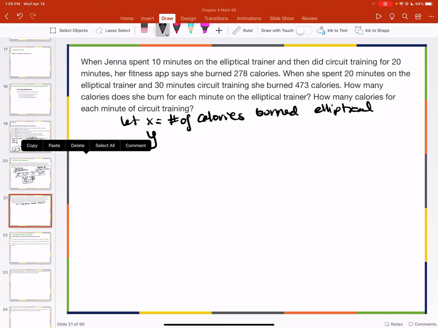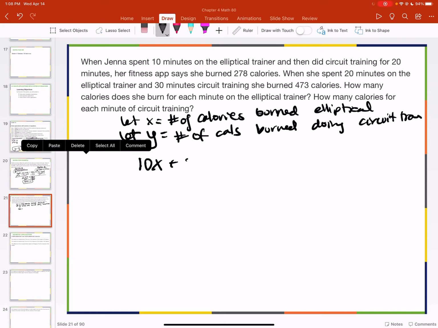And then y, we'll let y equal number of calories burned per minute doing circuit training. Okay, so 10x plus 20y will equal 278, because that'll be the rate of calories burned per minute.